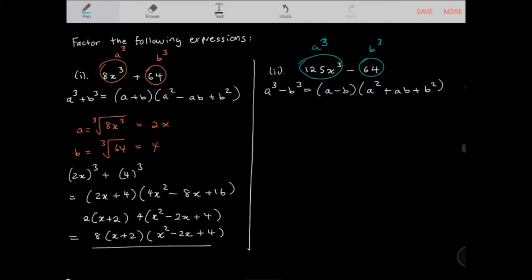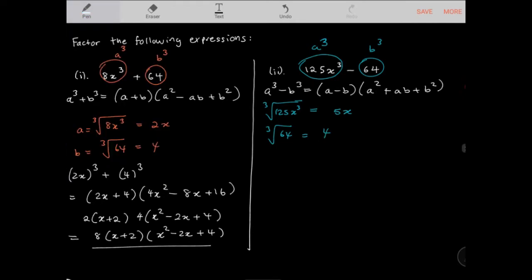Okay, so in this case my cube root of 125x cubed is basically 5x, and my cube root of 64 here is 4. Okay, so I'm going to use this template now.